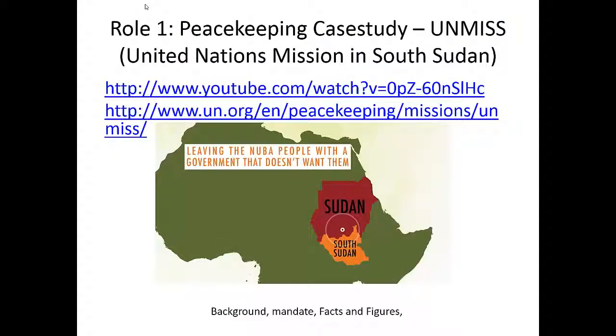We want to be more specific in talking about the UN's role. So after we've spoken briefly about peacekeeping, we want to be more specific about one particular mission, and that mission is going to be UNMISS, the UN mission in South Sudan. This mission was deployed along the borders of Sudan and South Sudan.